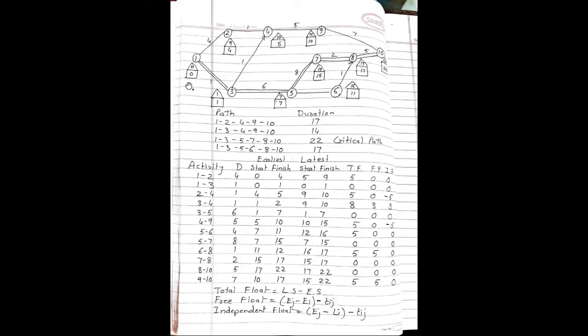So 4 minus 0 is 4. 4 minus 4, so free float is 0. 1 to 3, free float will calculate. 1 minus 0 is 1. 1 minus 1 becomes 0. So free float for the second activity is 0. The third activity is 2 to 4. 5 minus 4 becomes 1. 1 minus 1 is 0. So the third value is also 0.